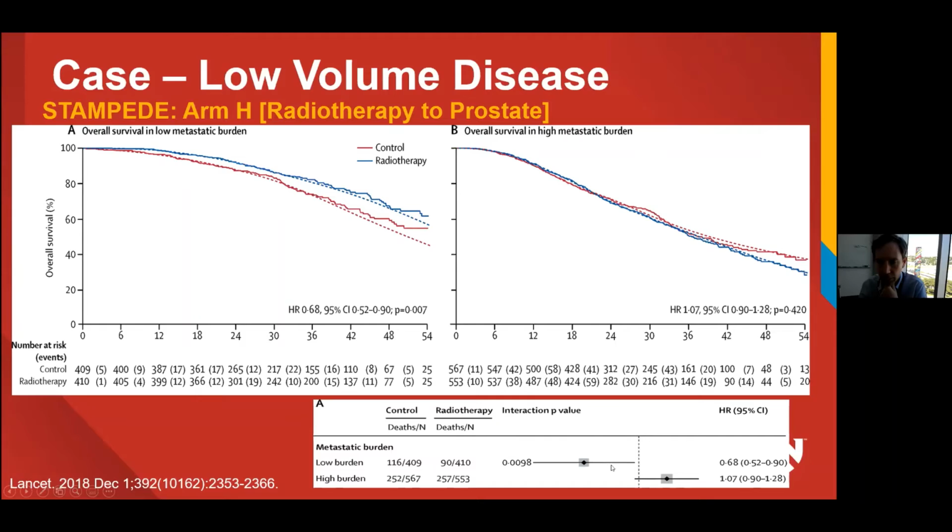And again, this is the forest plot showing just the difference in this intervention with a clinically defined volume of disease. This is something that is a consideration. It is in the NCCN guidelines, which we rarely sort of consider at our institution as well.